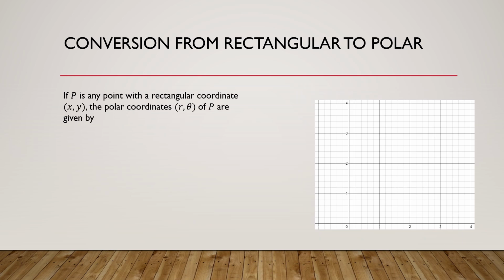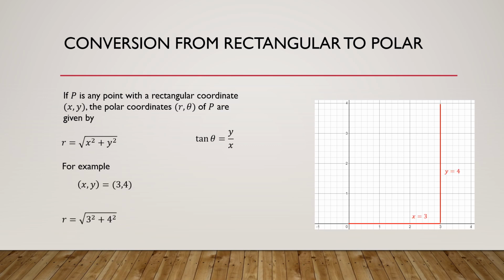If P is any point with a rectangular coordinate (x, y), the polar coordinates (r, theta) of P are given by r equals the square root of x squared plus y squared, and tangent theta equals y over x. For example, let's take the rectangular coordinates (x, y) equal to (3, 4). r will then be the square root of 3 squared plus 4 squared, which simplifies to the square root of 9 plus 16, or the square root of 25, which is 5.